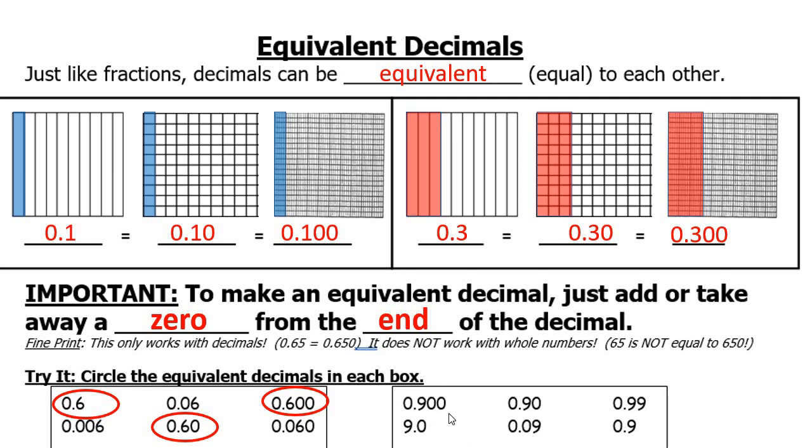Try this box and see if you can find 3 equivalent decimals. You should have circled 900 thousandths, 90 hundredths, and 9/10, because again, all of those just have a 0 added or taken away from them.